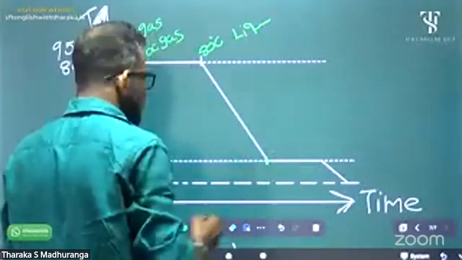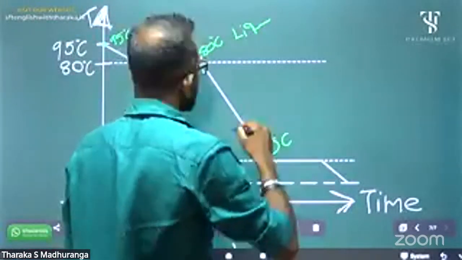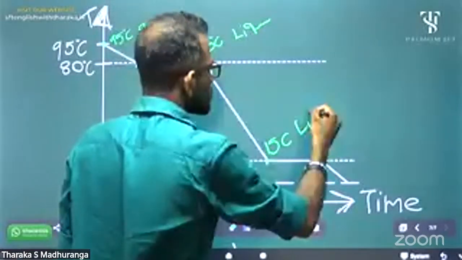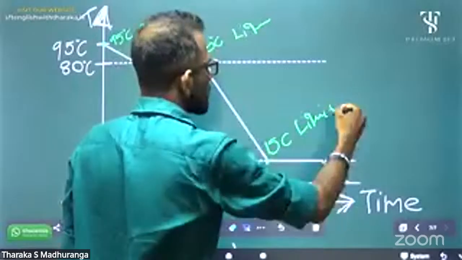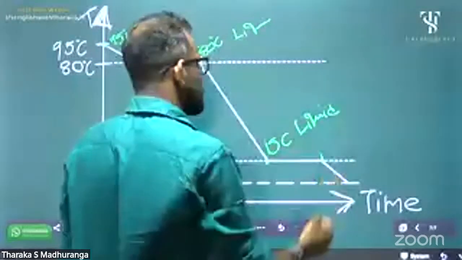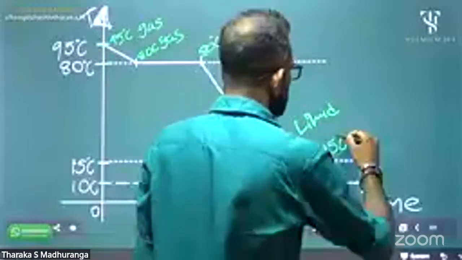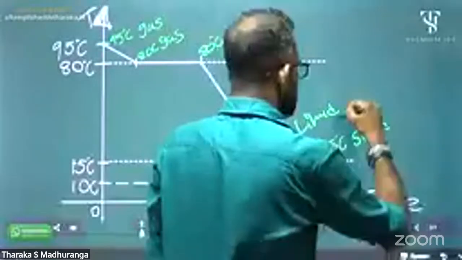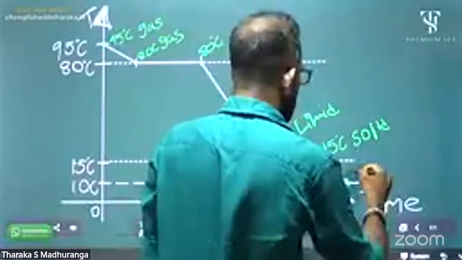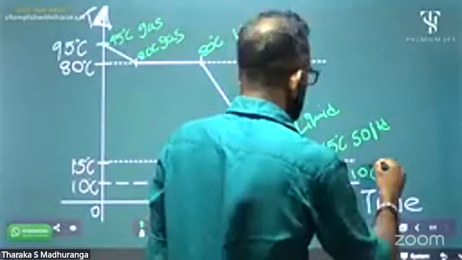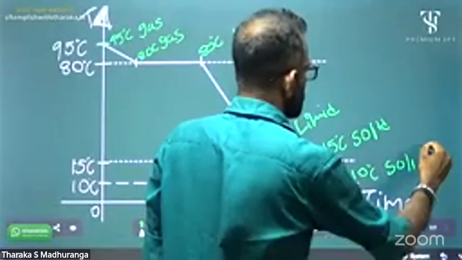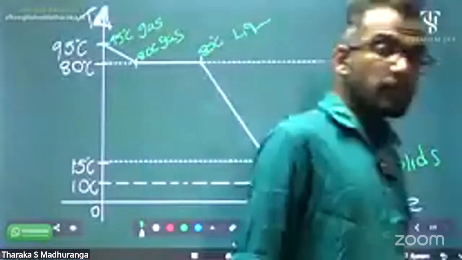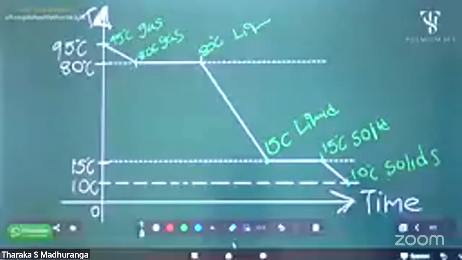This point is 15 Celsius liquid. The 80 Celsius liquid gradually converts into 15 Celsius liquid. The 15 Celsius liquid converts into 15 Celsius solid. Finally, the solid drops in temperature to 10 Celsius. Okay, this is the thermal curve, but the question asks for the amount of heat released.